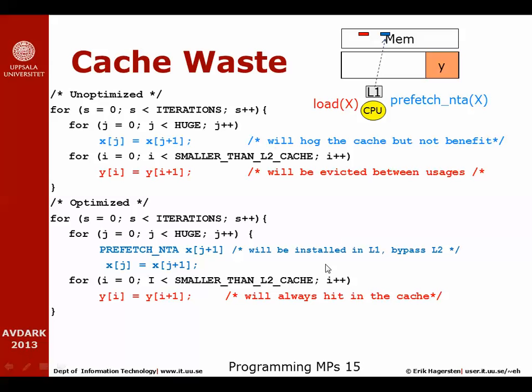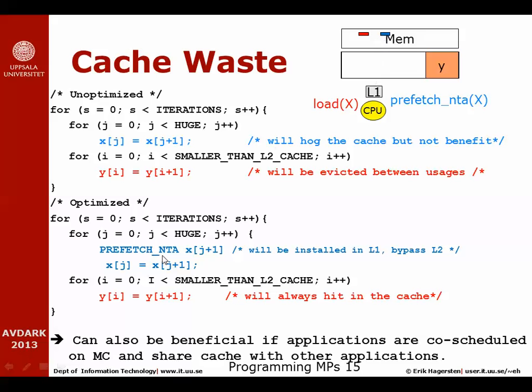So now it will have the effect that we will always hit in the cache for the red data. We will never hit for the blue data, but we didn't do that in the first case either. So what kind of misses do we avoid by this kind of feature?